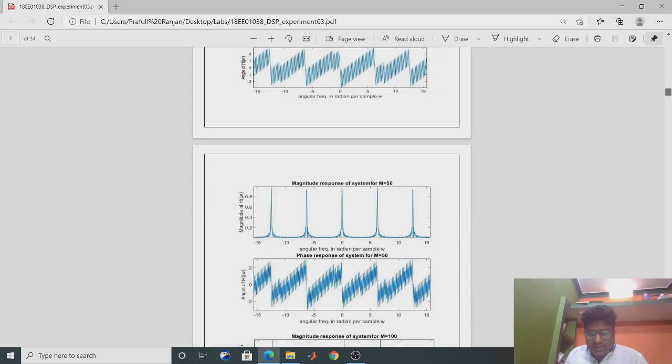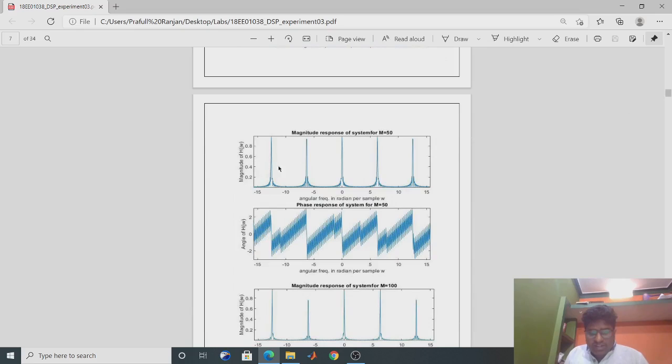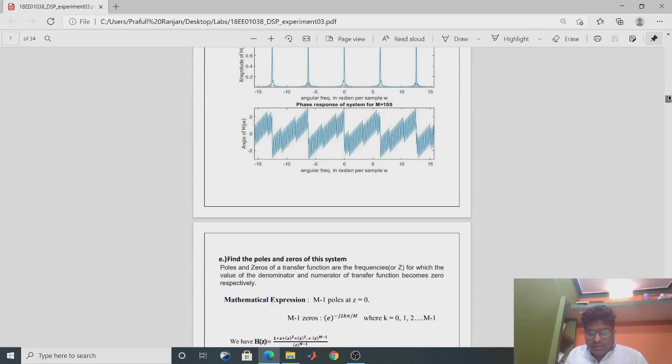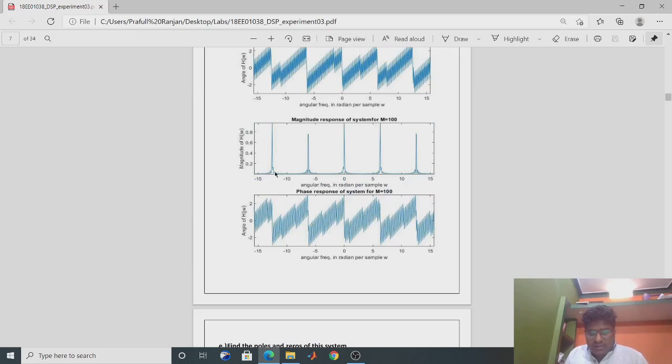As we increase m, the magnitude response becomes larger and the noises are reducing. These are the different data for m equal to 100. As we are increasing m, we can see the high frequency noises are reducing.